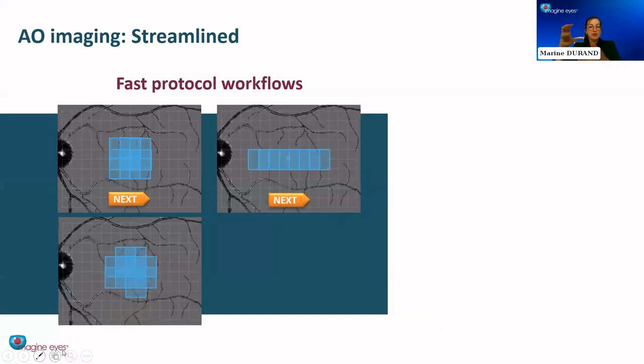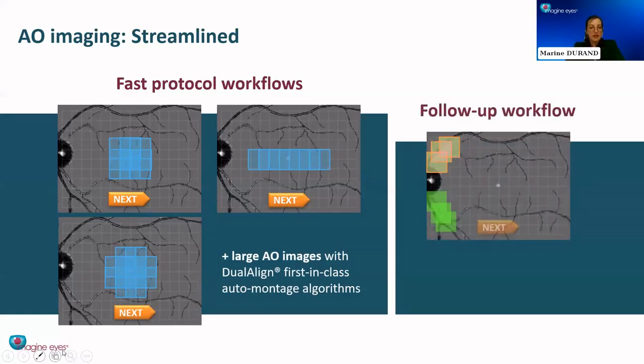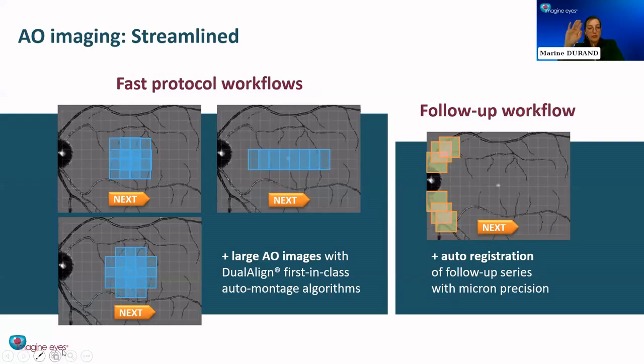In the device, the capture of the multiple AO images of a protocol is guided by the user interface. So parameters such as gaze position, the modality to be used, and other parameters, they don't need to be set by hand for each acquisition. When you have chosen a protocol, they are all preset, like a list of pictures to be taken.